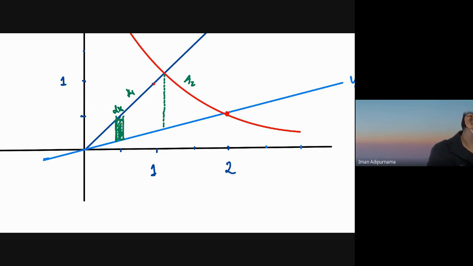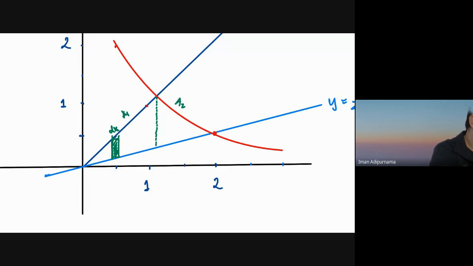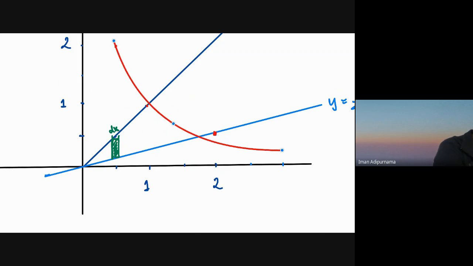So we need to know precisely what this is, right? It should be 1. I think this should go through here.